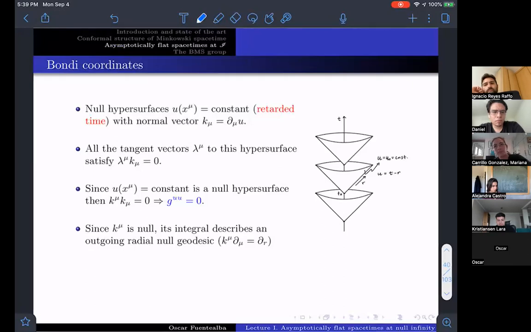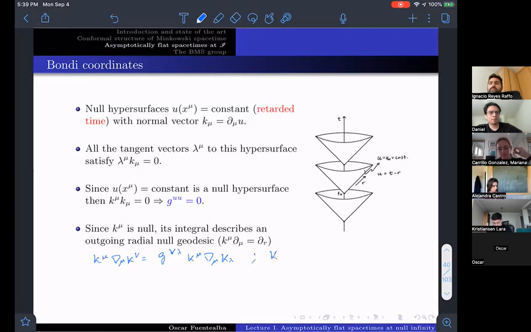Since k mu is null, we can find that the integrals of this vector describe outbound radial null geodesics. And this is something very easy to show because we can take, for instance, this is the equation of the geodesic, right? And this is equal to mu lambda. So mu lambda k mu, k lambda.